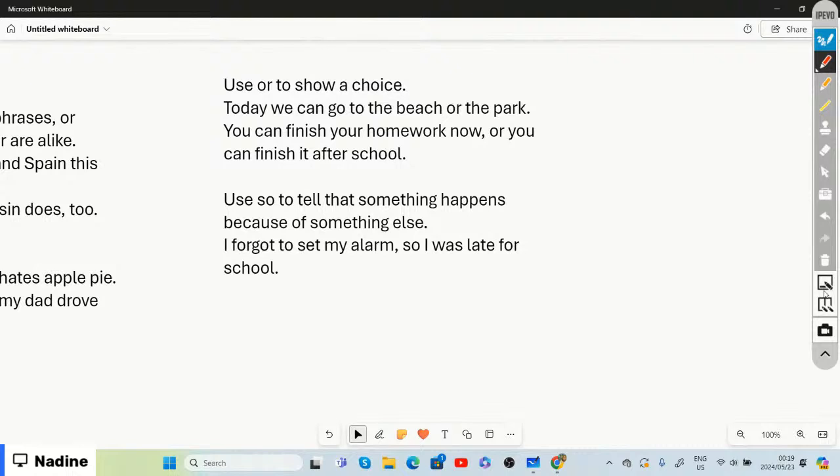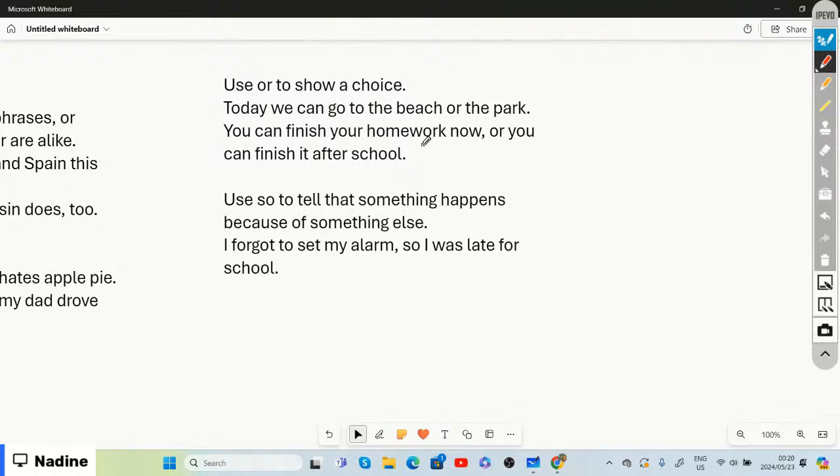You can either get the dress or the jeans. So today we can go to the beach or to the park, meaning that we need to choose one. You can finish your homework now or finish it later, meaning that you have a choice. That is how we can use "or" when it comes to coordinating conjunctions.